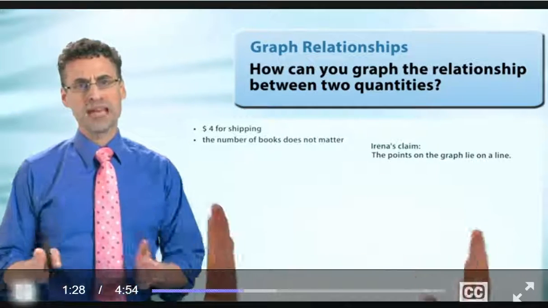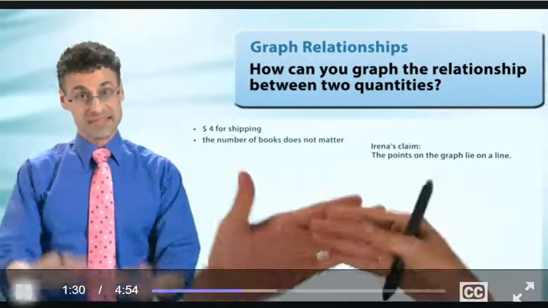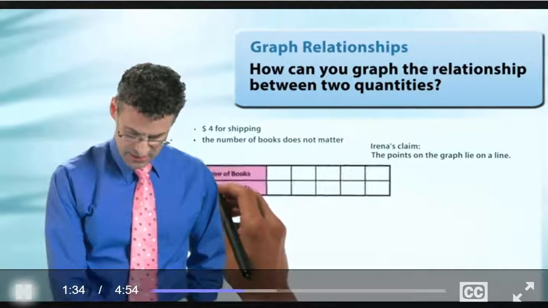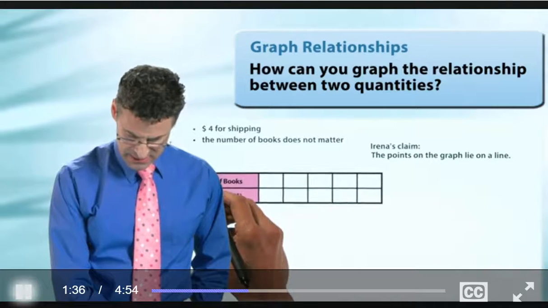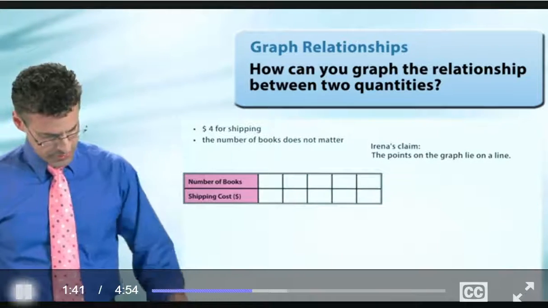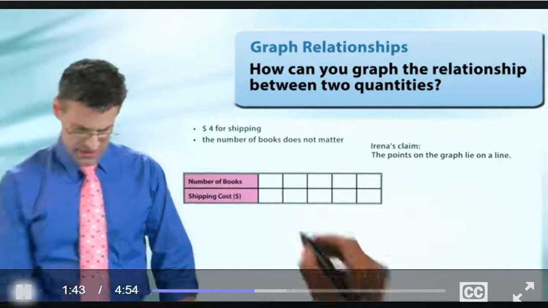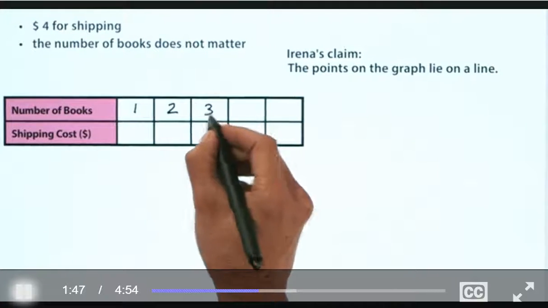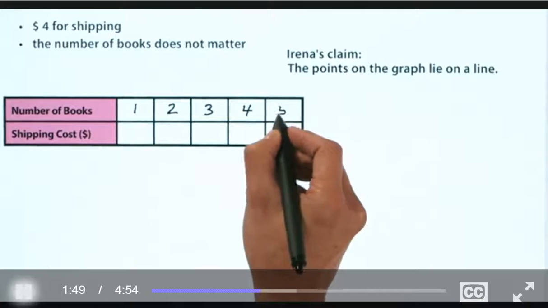Okay. Well, maybe we can make up a table. Let's collect some data and see exactly what we see. It's always good to see exactly what we see. So, number of books: she looked at 1 book, 2 books, 3 books, 4 books, or 5 books.